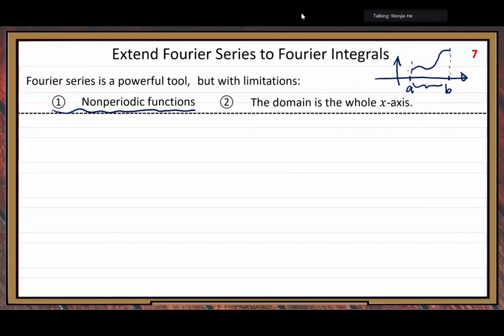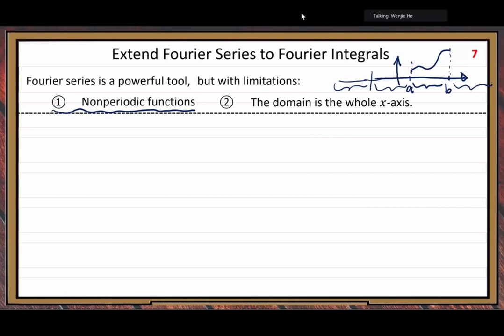If it's not the whole axis, only an interval, can we do periodic extension? We copy it to other intervals, we do periodic extension, and we can still use the Fourier series.